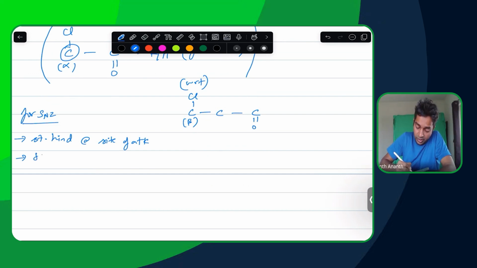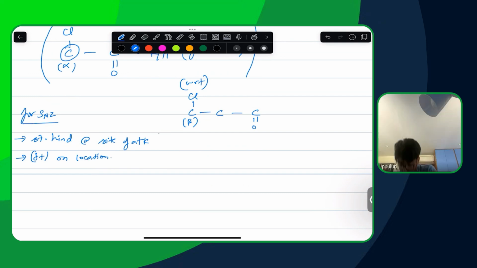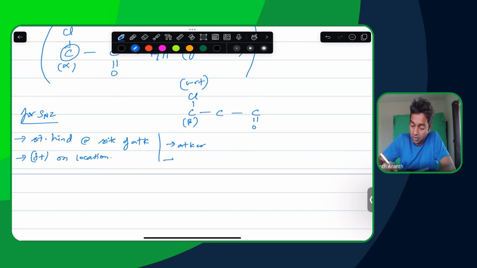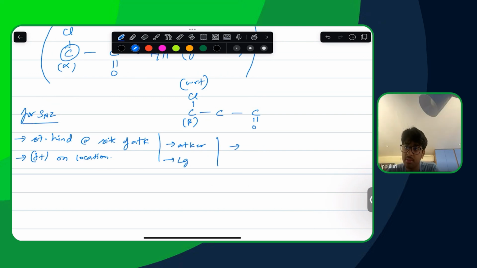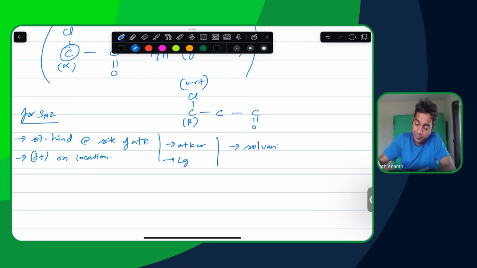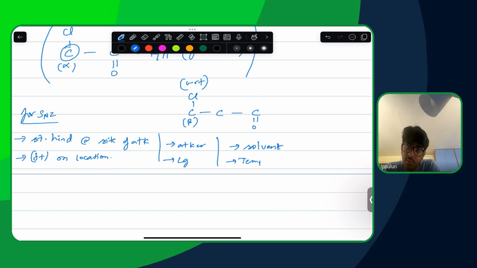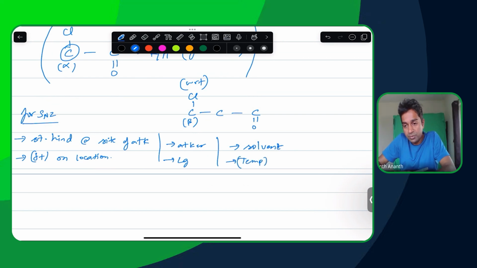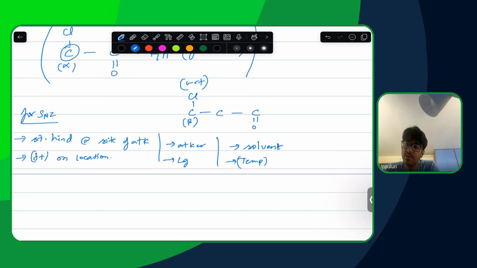Okay, let's put it as a delta plus on that location. Then the attacker, leaving group, solvent, and of course temperature. Temperature decides the competition between E1, SN2 and E2.